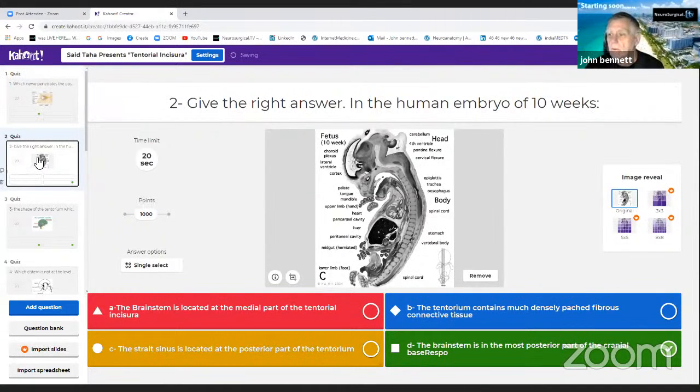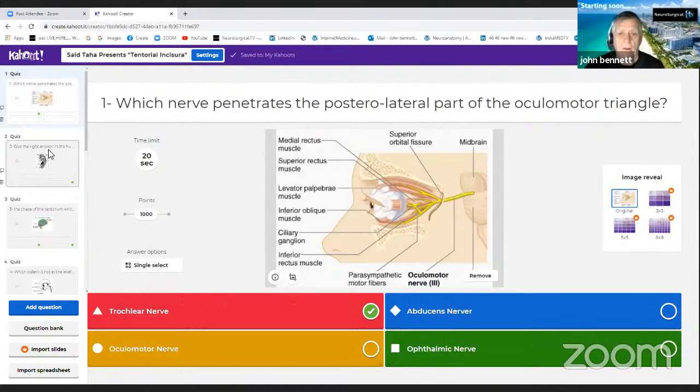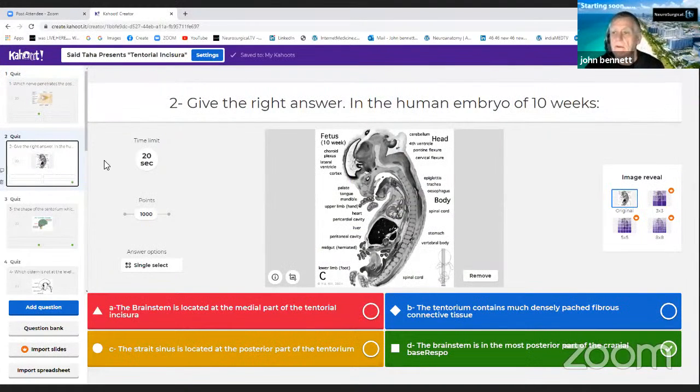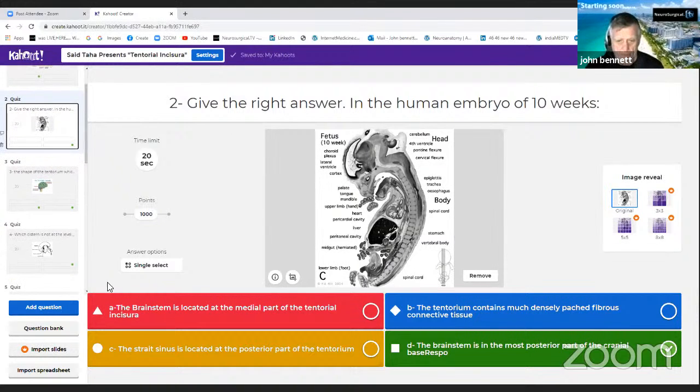Number 2. The human embryo of 10 weeks. What is the question? What is the answer? The answer: the brainstem is located. Can you see these answers? Yeah.